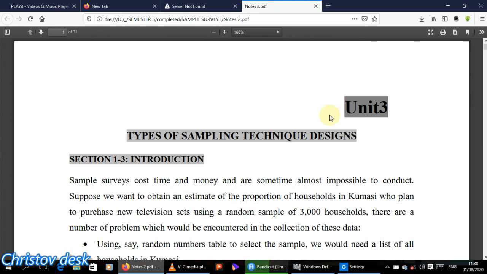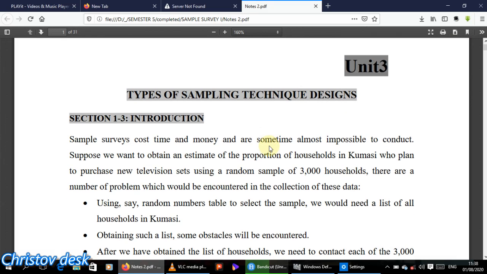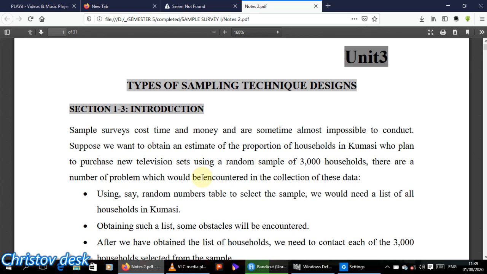So now we discuss the types of sampling techniques, and we said that there are two basic types. We have the probability sampling or random sampling, and then the non-probability sampling or non-random sampling. In this course we are trying to look at the probability sampling, or random sampling.